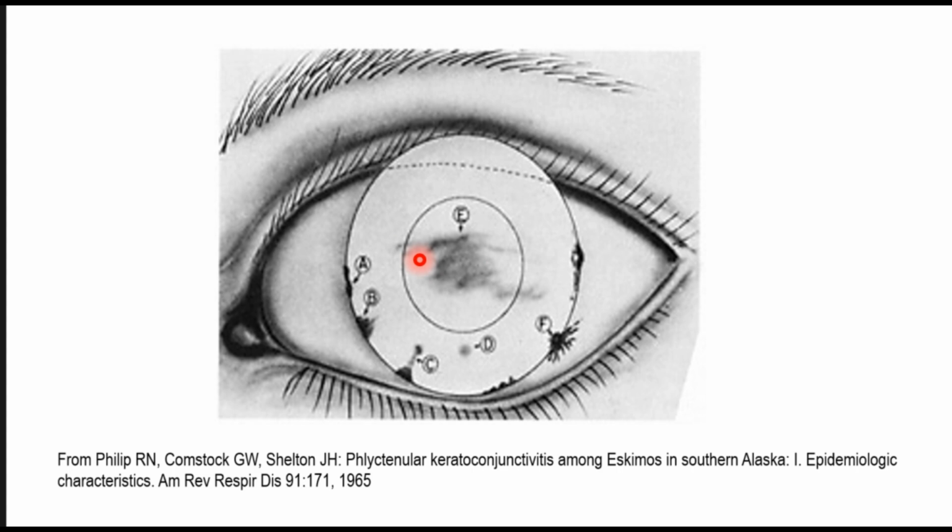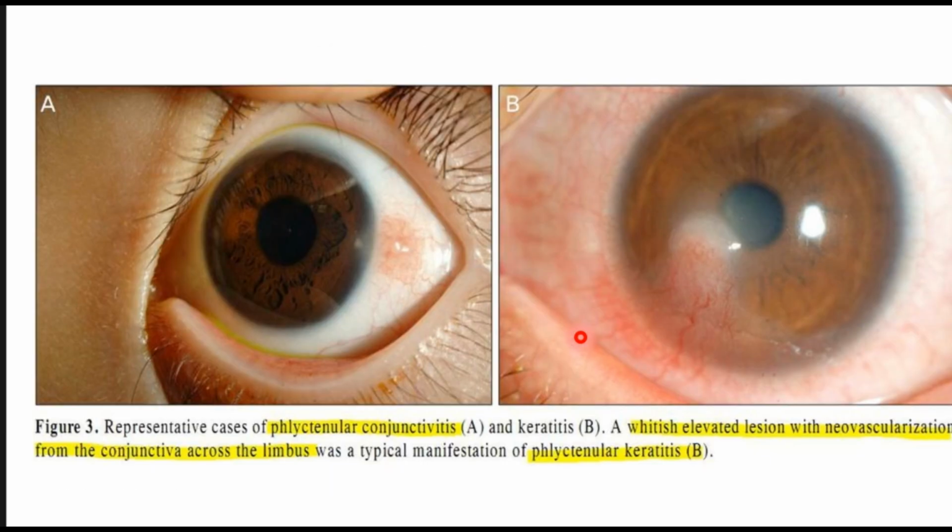So I'll talk about how phlyctenular keratoconjunctivitis basically evolves. You should know that it basically starts in the limbal region and then it progresses towards the center. So if you find a lesion in the center, it means that you have a migrating disease. Alright, again you can have a lesion like this with the corresponding vascularization. Alright, so there are various morphologies in which this phlyctenular keratoconjunctivitis can present.